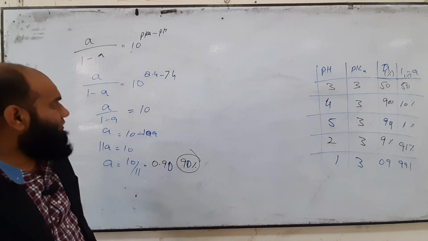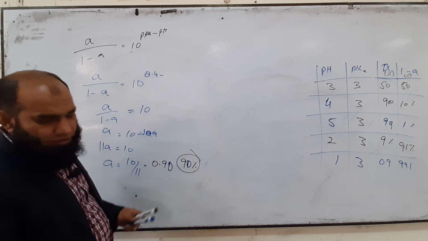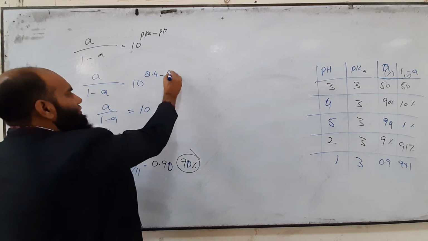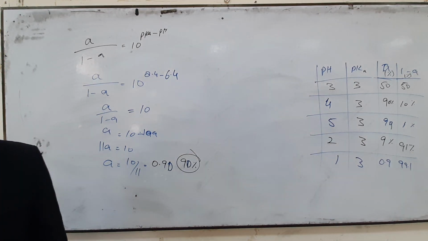Okay, next scenario: we have a difference of 2. pKa is 8.4 and now the drug is present in a medium, for example in the GI system, in the duodenum. Its pH is 6.4.